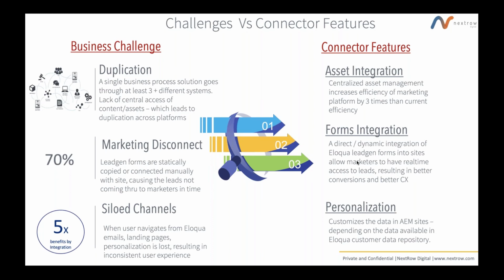Another disconnect that we have seen is with the lead gen forms that are on most of the websites. Typically, for Eloqua lead gen forms, there are two ways that we have seen customers, or rather IT, doing it.